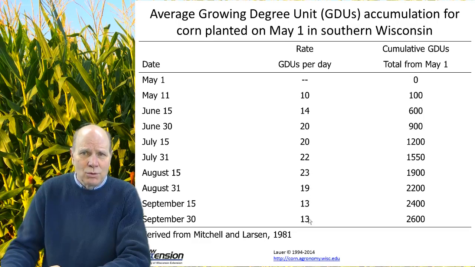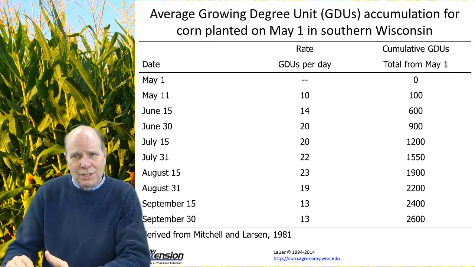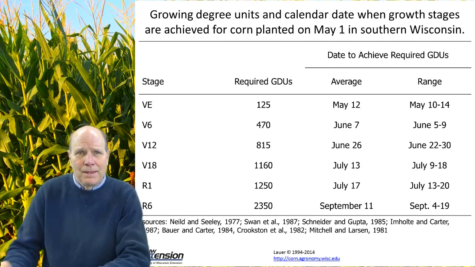And then as we get into fall, it cools back down. But when you accumulate all these GDUs during the growing season, we typically, for southern Wisconsin, accumulate about 2,600 GDUs during that growing season. So we've got to pick corn hybrid maturities that are something less than 2,600 GDUs.